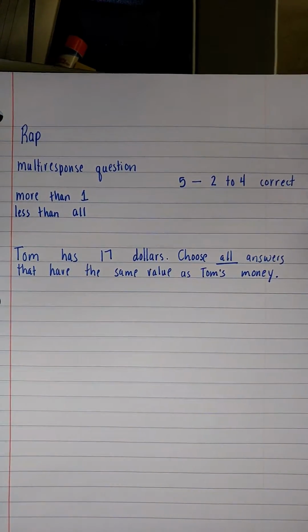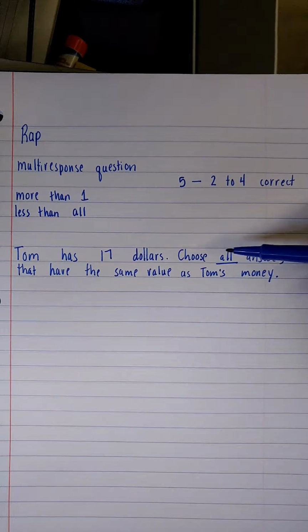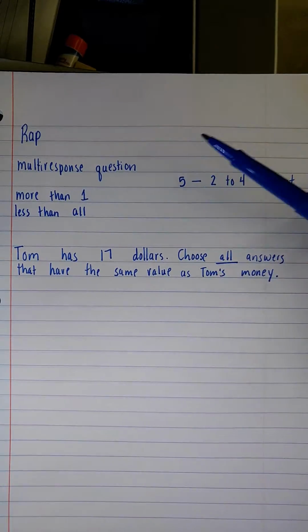Now, all of these type of questions will have a choose all or select all. When the children see that, that is an indicator that it is a multi-response question.